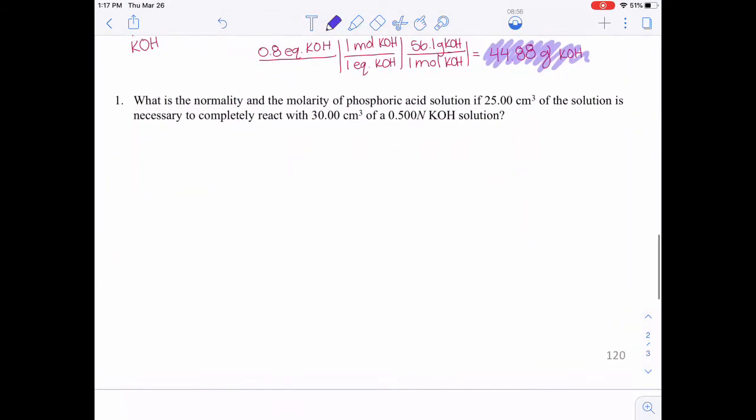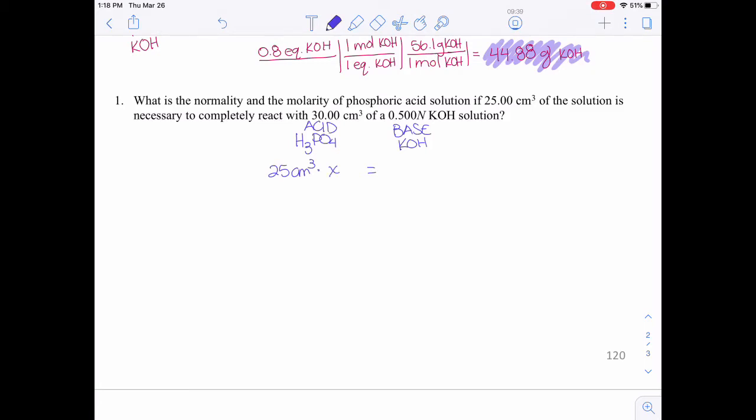What is the normality and the molarity of phosphoric acid if 25 cubic centimeters of the solution is necessary to completely react with 30 cubic centimeters of 0.5 normal KOH? Phosphoric acid is H3PO4, that's our acid. Our base is KOH. We have 25 cubic centimeters, and we are looking for the normality.